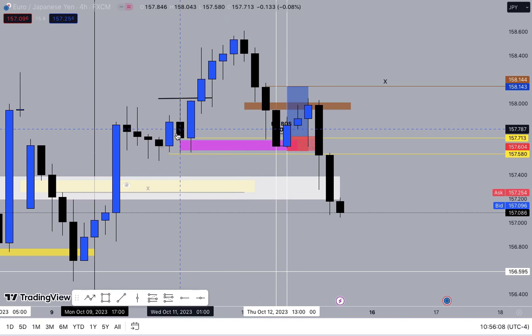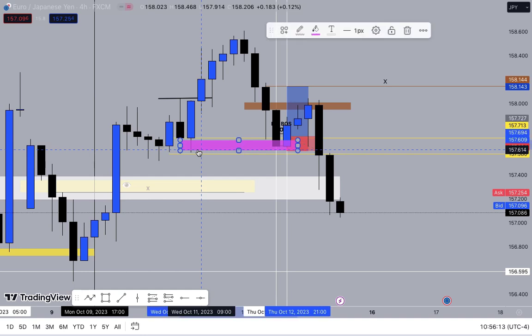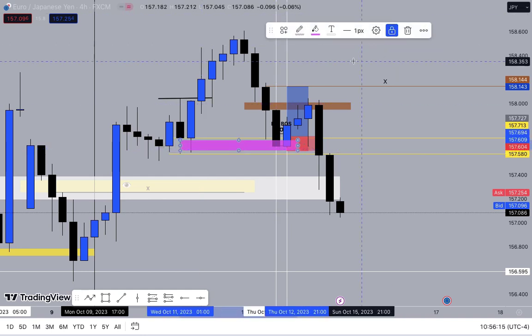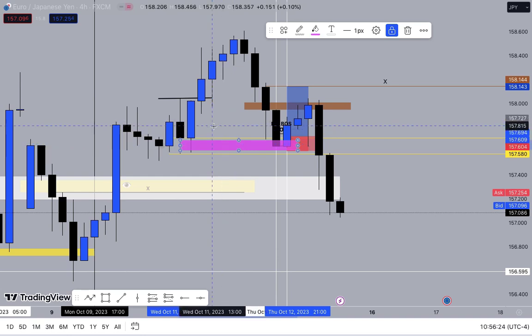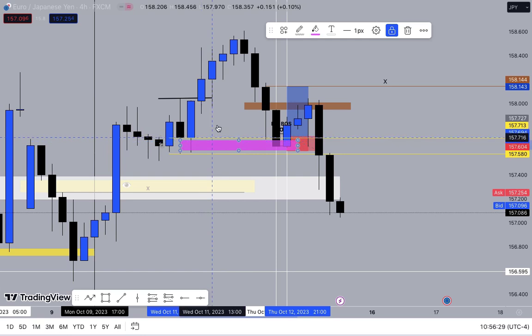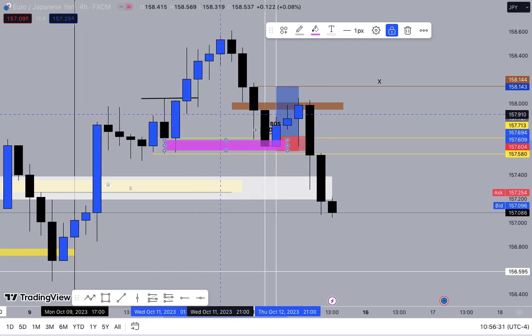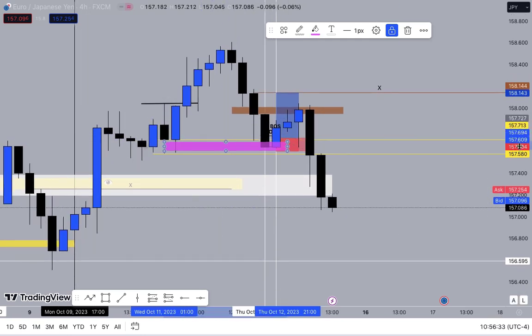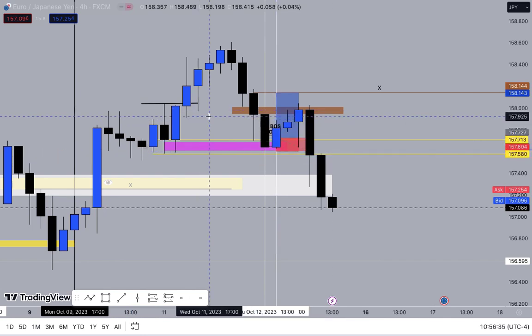So now this down close candle and this up close candle is my support on the 4-hour. Normally I incorporate order blocks and fair value gaps and all those things with this kind of levels. So when I got this level on the 4-hour, the next thing I did was I went on the 1-hour.